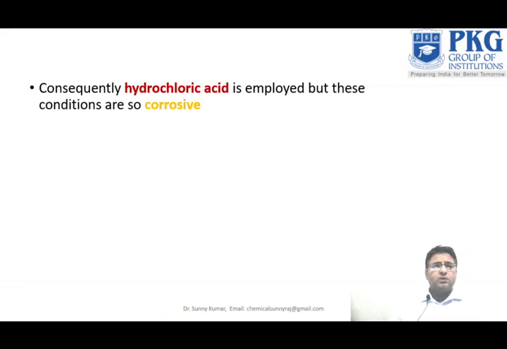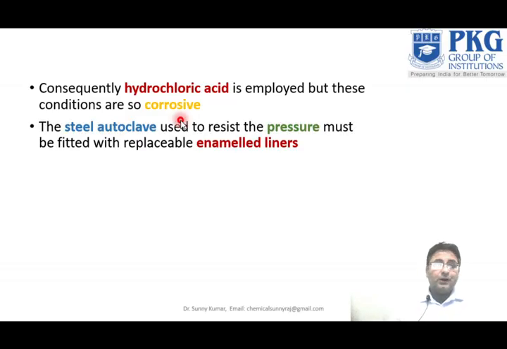Consequently, hydrochloric acid HCl is employed, but these conditions are so corrosive that we have to take care in choosing the instrument material, so that is important. The steel autoclaves used to resist the pressure must be fitted with replaceable enameled liners, so that is very important.